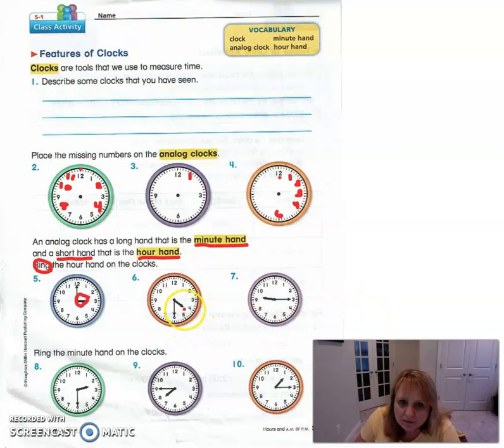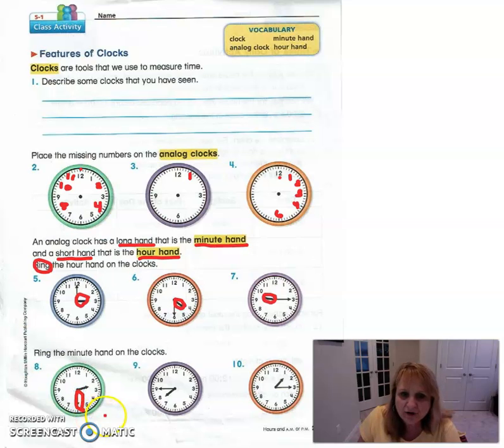Okay, let's check those. Did you circle this one that was between the 4 and the 5? Good, and this one. That's just past the 9. Okay, the next one says ring the minute hand on the clocks, and we know that the minute hand is the long hand. Now the long hand is going to actually be touching the number that it's pointing to.